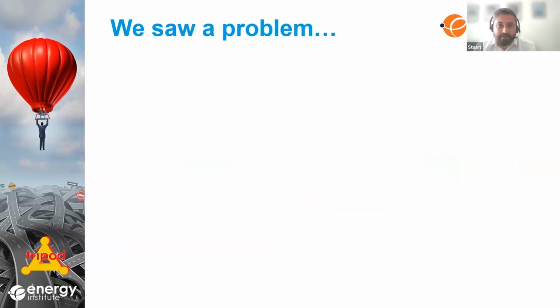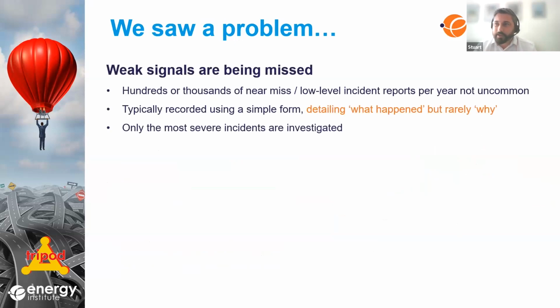So as an example, within the Tripod Foundation, we saw a problem. And the first part of this problem is that essentially weak signals are being missed. Tony will talk about this a little bit later, but typically organizations will have hundreds or even thousands of near misses or low-level incidents reported each year, depending on the size of the organization, of course.